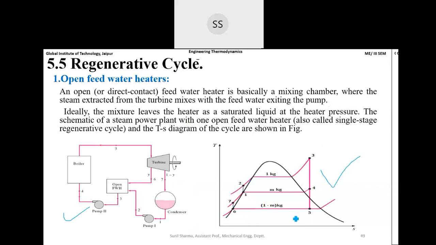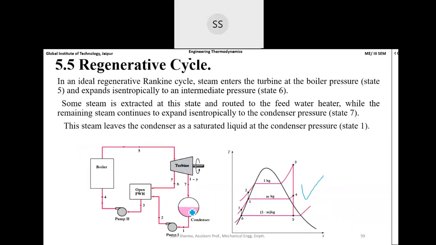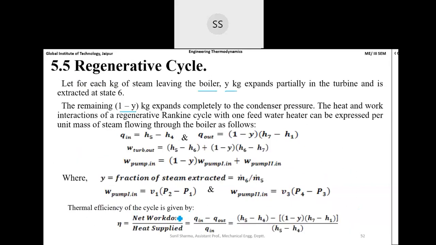If this point is 7, because we are rejecting heat for the other cycle, then turbine output will be H5 minus H6 for the complete flow, while (1 minus y)(H6 minus H7).